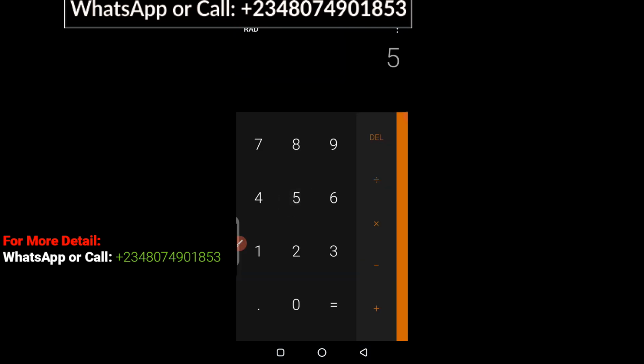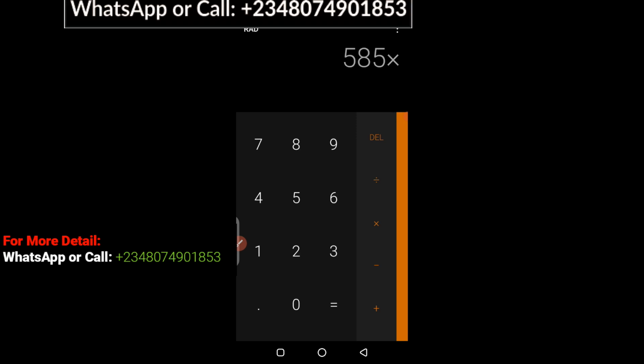So I'm going to type in 585, multiply by how much am I paying in dollar? Because in my country, we don't spend dollar, and most of these shipping companies don't collect dollar.